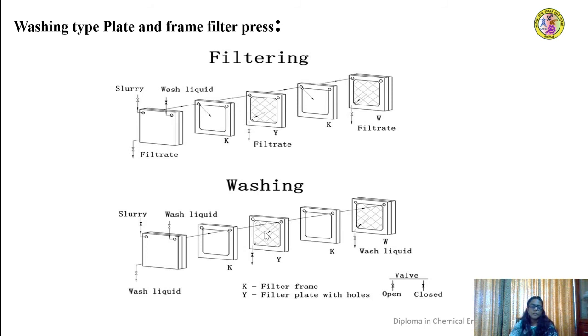Then it passes through the filter cloth, then through the entire cake thickness in between two plates, and finally it comes to the other plate, flows along its face, and goes out from the discharge cock provided at the bottom.